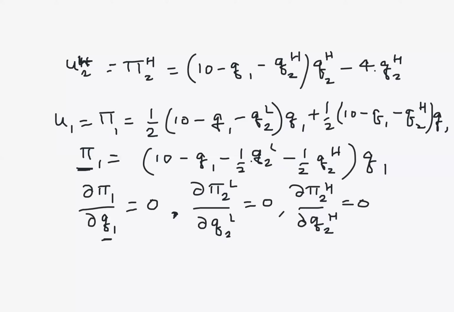So let's look at the best response functions now. We already have the profit function. We just need to take the partial derivative with respect to their quantities, right?